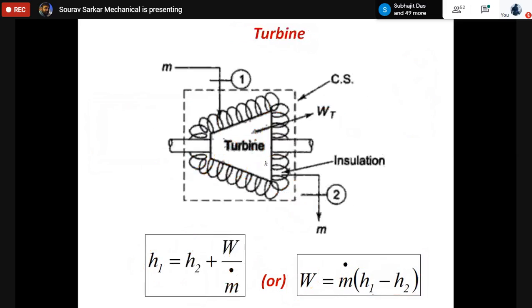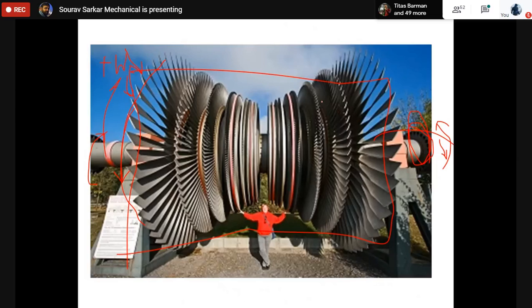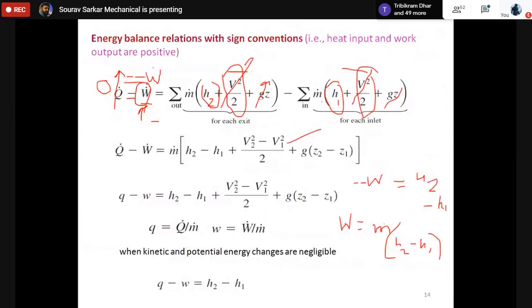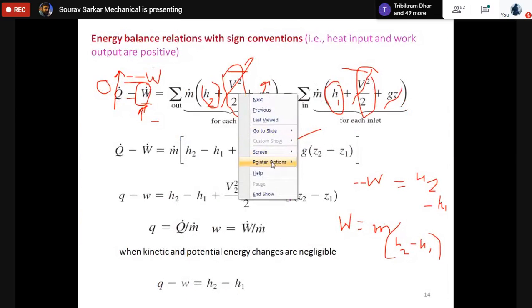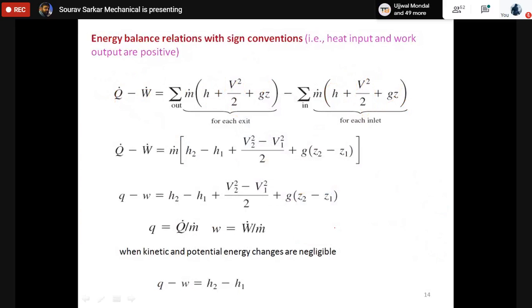Now the last part, if we consider a turbine, what will happen? Some mass is entering the system, some mass is leaving. During this process, it is creating a work output. So if I apply the steady flow energy equation, here also my heat transfer is 0 because I am not adding heat.